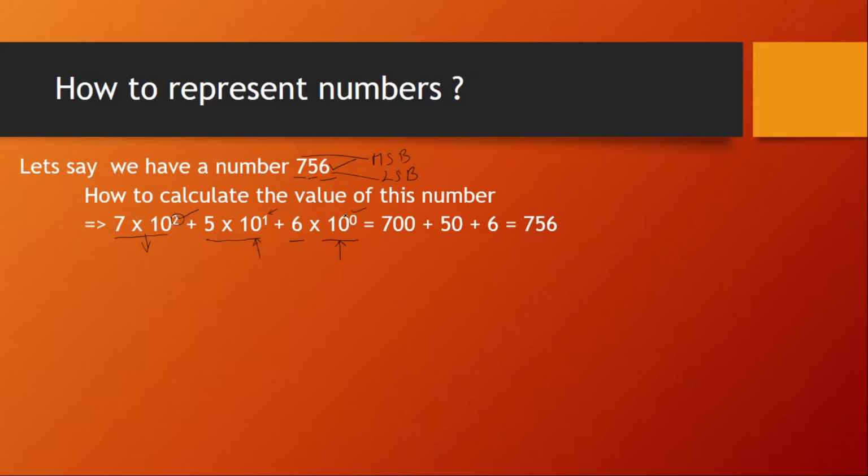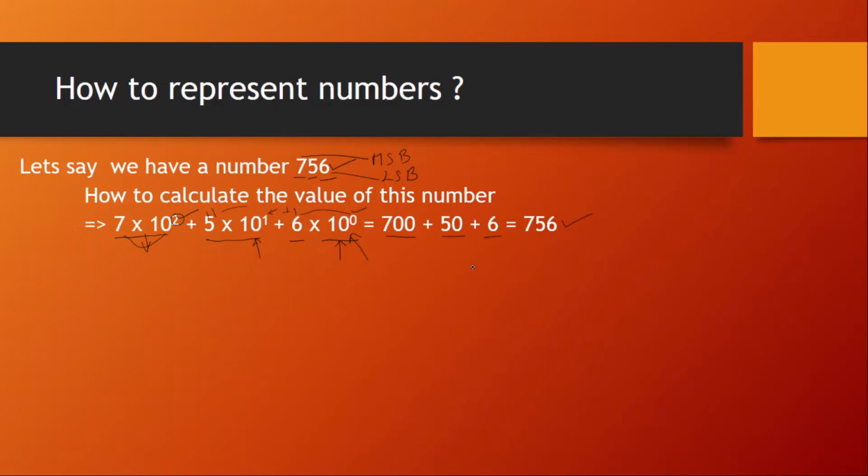So the power keeps on increasing by 1 at every step. That's how we calculate the total value of this number. So 7 into 10 square gives me 700, plus 5 into 10 power 1 gives me 50, plus 6 into 10 power 0. Anything raised to the power 0 gives you a value of 1. So 6 into 1 gives us 6. And finally, that's how we land on the number 756.